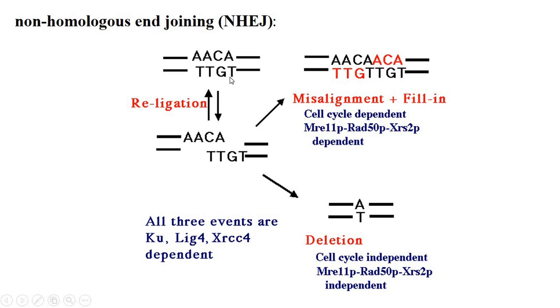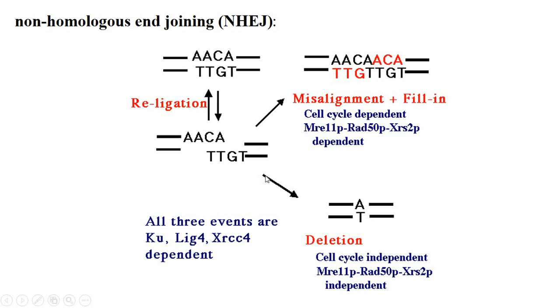This is not the correct A and T here. So because it's a misalignment, but to the cell it looks like an alignment, it will use its cell cycle dependent proteins to fill in this misalignment and make these extra nucleotides. These extra nucleotides are now going to cause a frame shift, and that will change the protein.